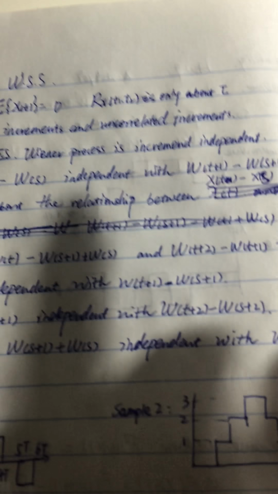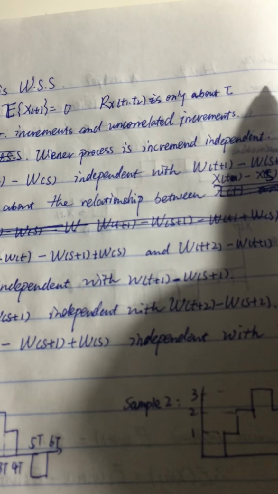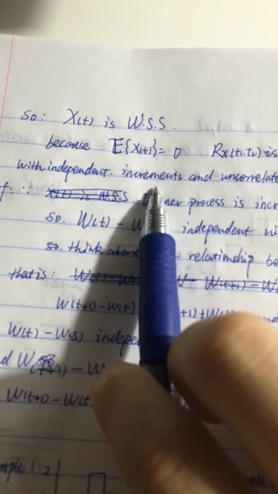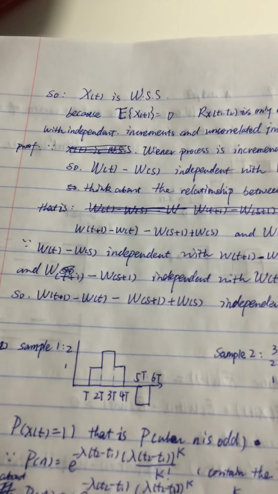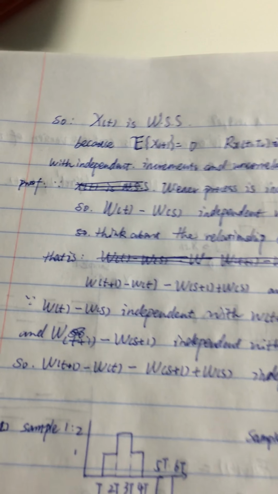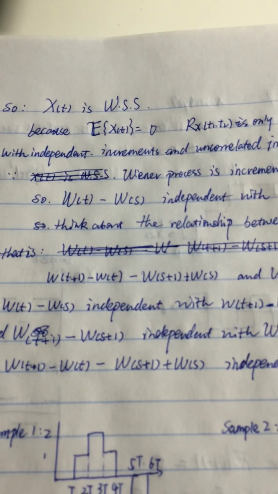and R is only about tau, the difference of two times. Here you can see it has independent increments and uncorrelated increments. So I want to prove why that is. You know the Wiener process has independent increments, and this we already know.